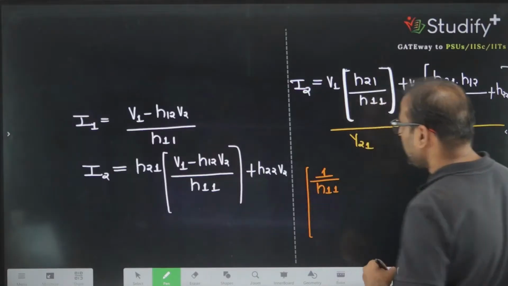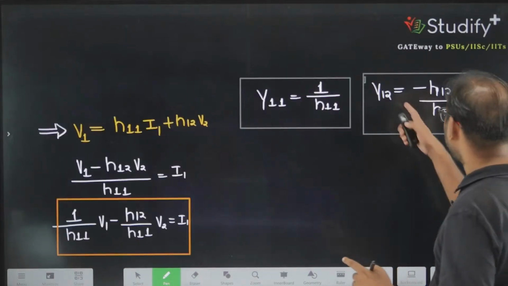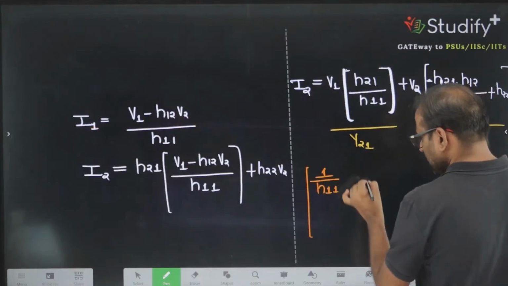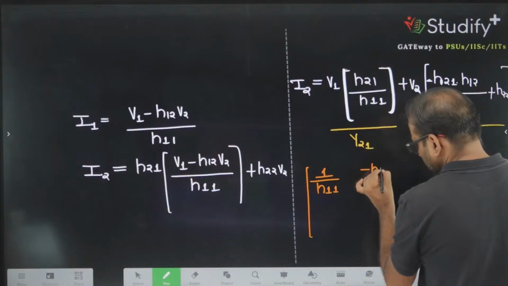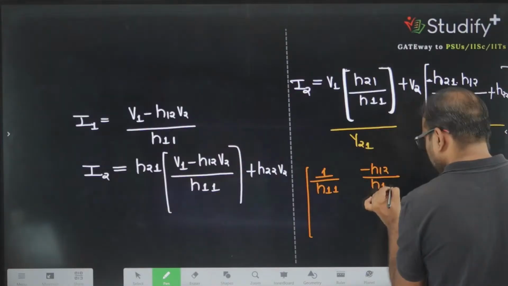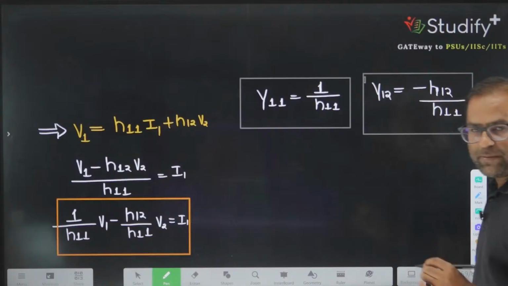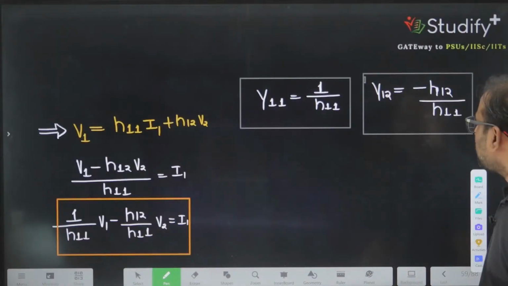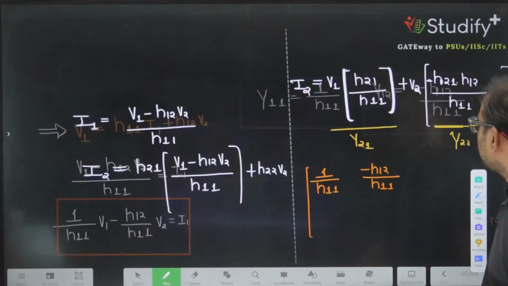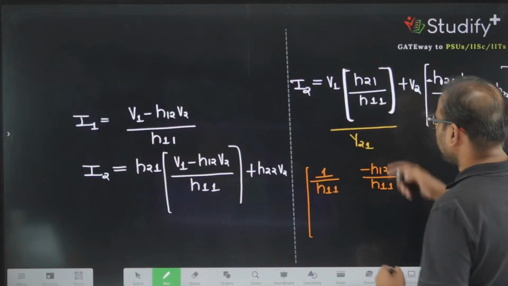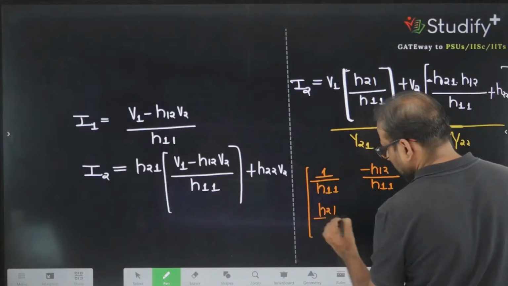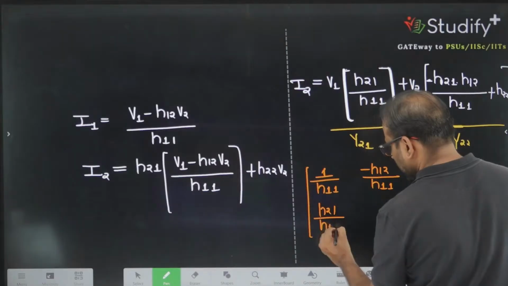What is next parameter? Next parameter we are having is Y12, minus H12 divided by H11. What is next parameter? The next parameter we are having is Y21. So Y21 is H21 divided by H11.